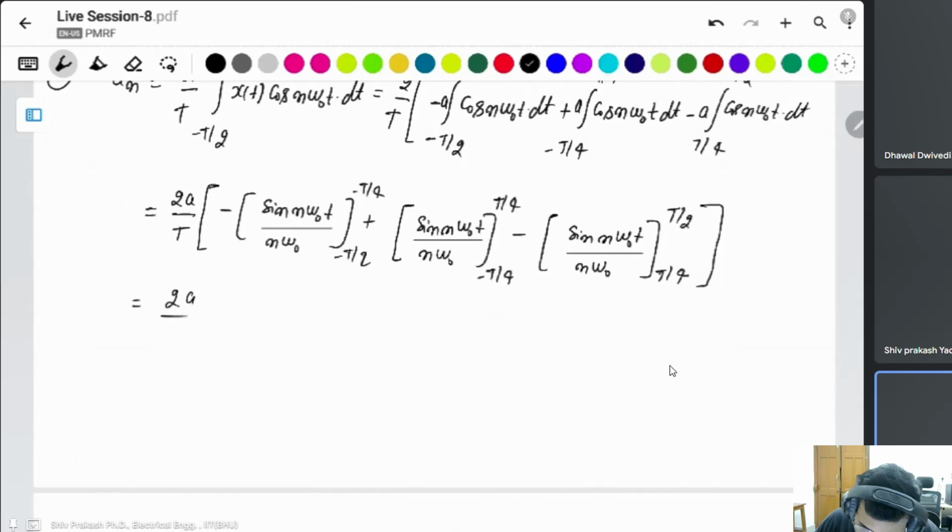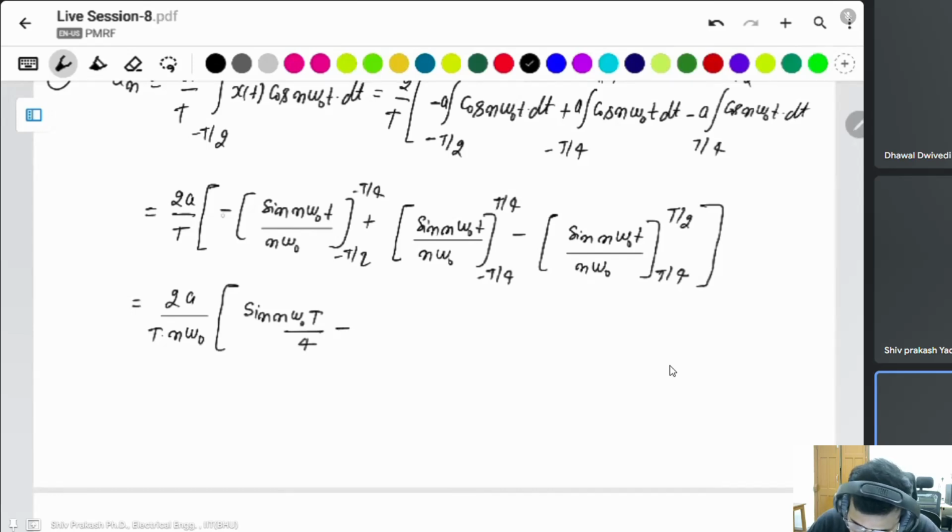2A divided by T into n omega naught will be common. For this one, the integration is minus of T by 4, minus sin minus theta will be minus of sin theta. The sin minus minus will be positive, sin n omega naught T by 4.